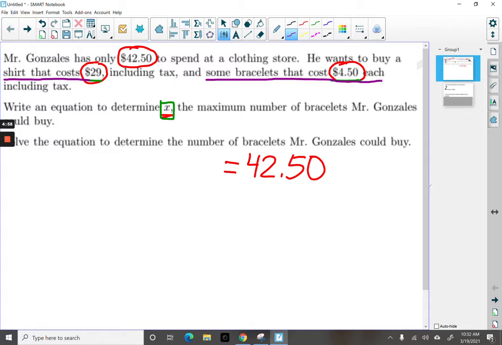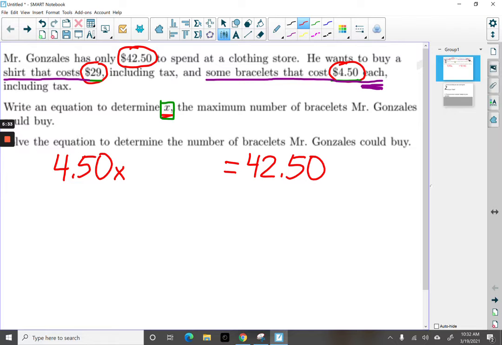This number directly relates to my X, and actually even has an important word here, each, which means every single one of those bracelets is going to be $4.50. So this is $4.50 for one, another $4.50 for two, and I can keep adding and adding and adding until I add X number of bracelets, or we could just multiply. $4.50 times X.